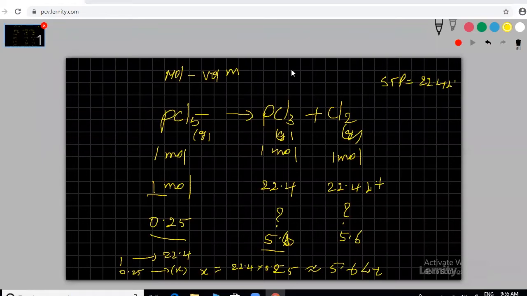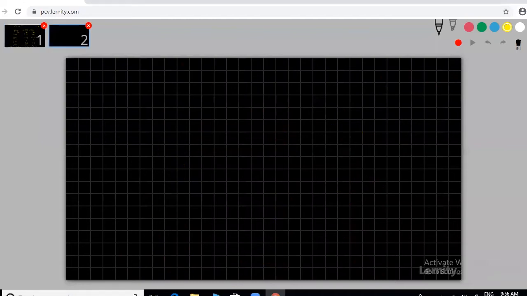What is the next heading I gave after mole volume relation? Weight relation. Okay, fine. Next slide, weight relations.